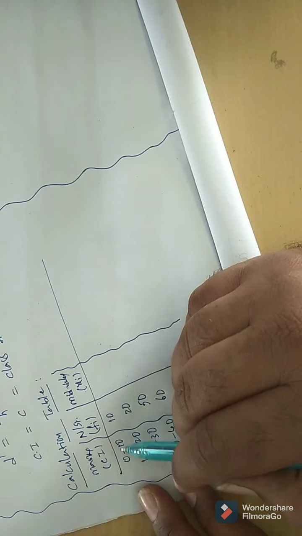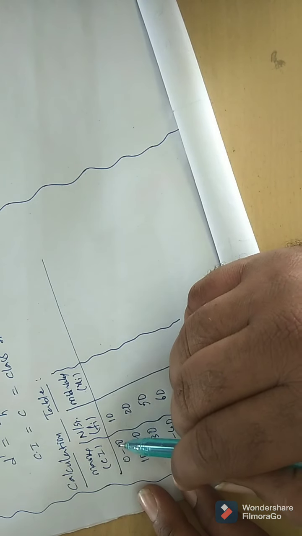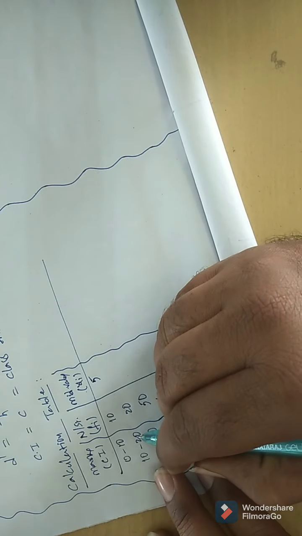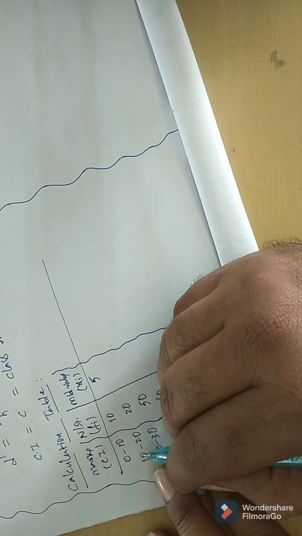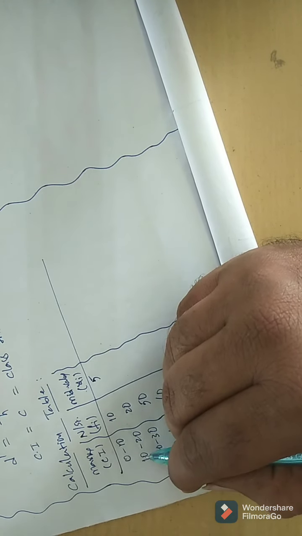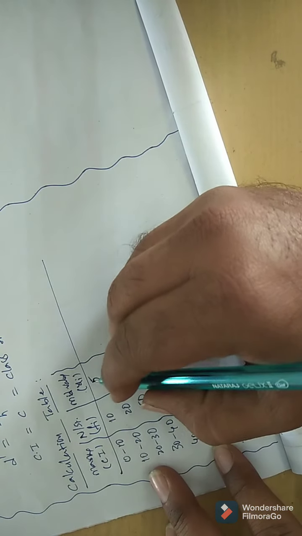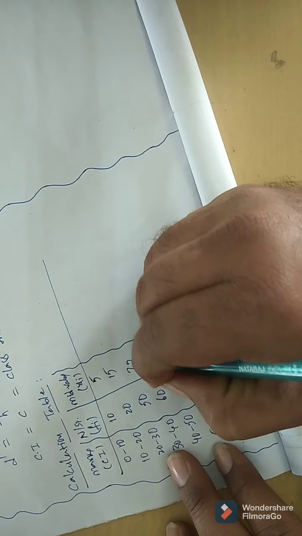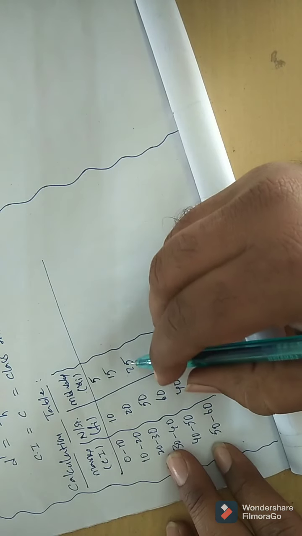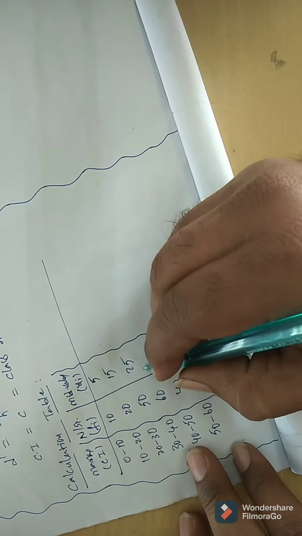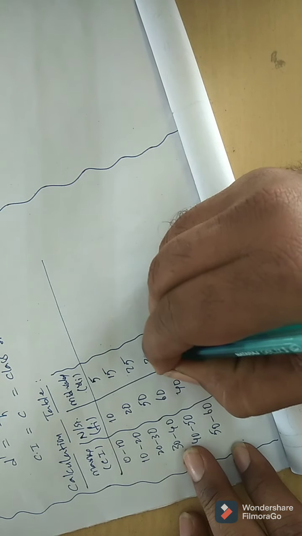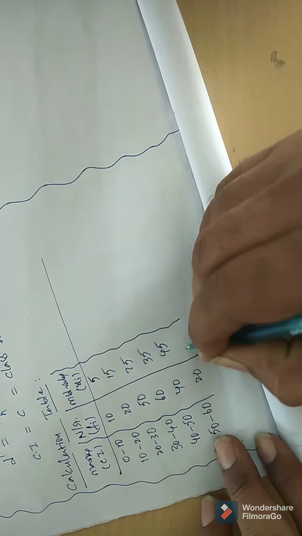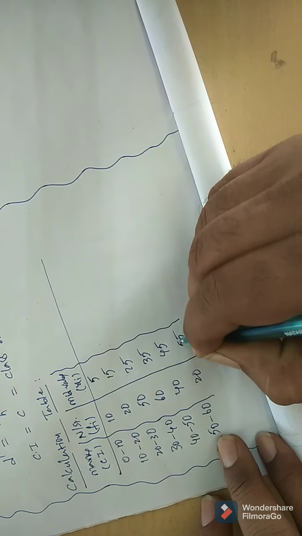Sum of higher limit plus lower limit by 2. 10 plus 0 by 2 is 5. 20 plus 10, that is 30 by 2, nothing but 15. Next 25, next 35, 45, 55.